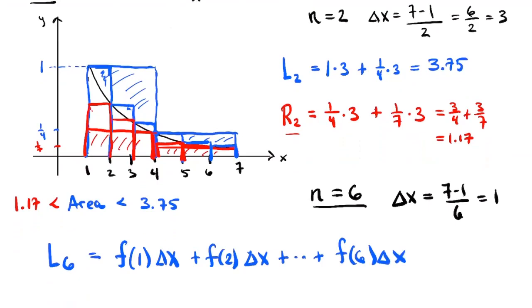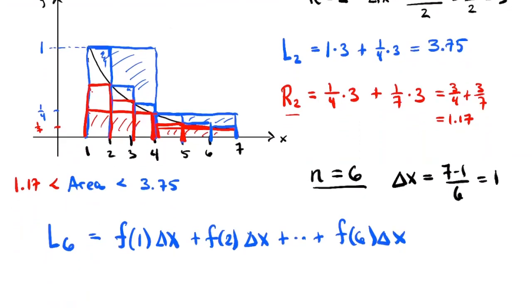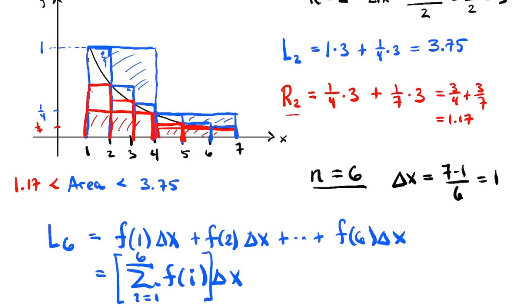So if we use our summation notation, I could have written that in a shorter hand. I could write, well, it's the sum as i goes from 1 to 6 of f of i times delta x. And delta x is a constant, so you can factor it out of that sum. You can really read this formula as add up the function values and then multiply that by delta x.